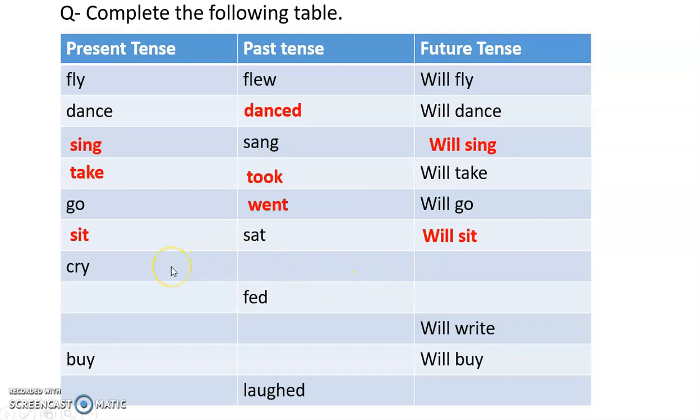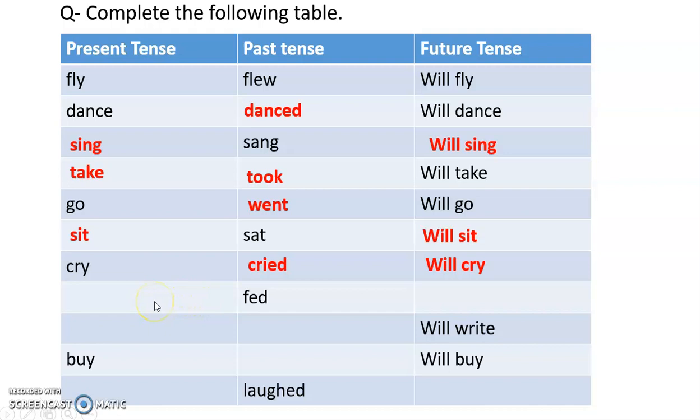Next, present tense is cry, past tense will be, yes, very good, it is cried, and future tense will be will cry. Next, present tense not given, past tense is fed, future tense not given. What is the present tense of fed?